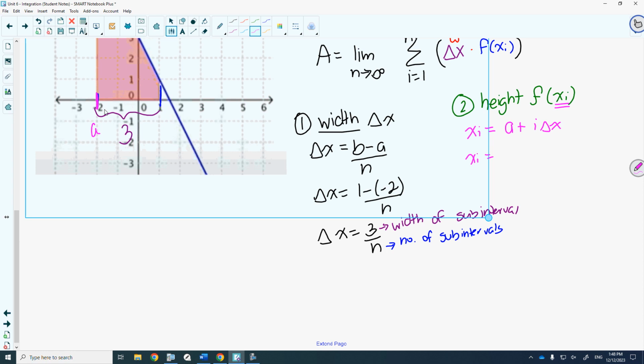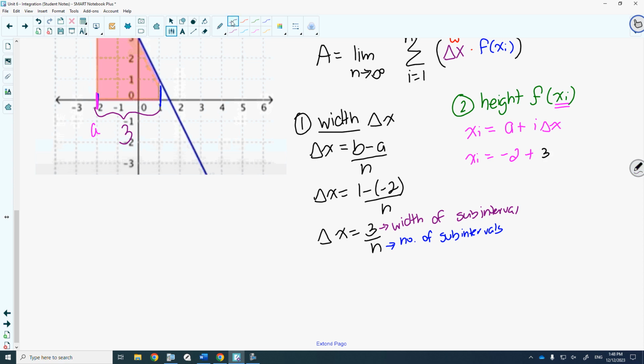So x sub i is negative 2 plus, delta x is 3 over n, multiplied by i.